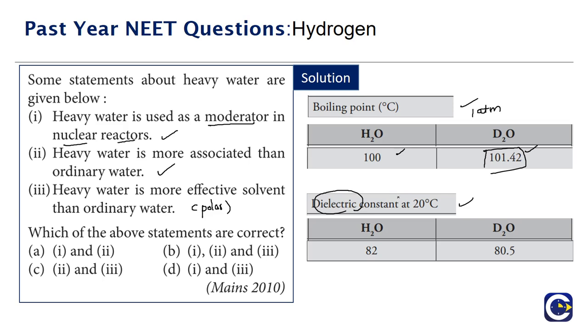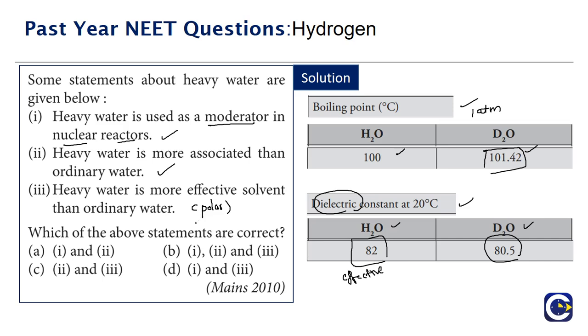If you look at the data for both water and heavy water, for water the dielectric constant value is 82, and for heavy water it is only 80.5, which would mean that ordinary water is more polar, and hence it will be able to act as a more effective polar solvent than heavy water. So the third point given here is not correct.